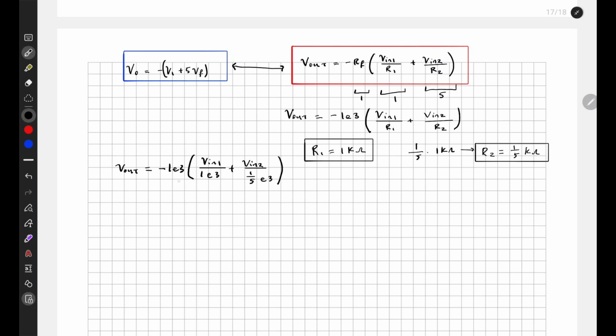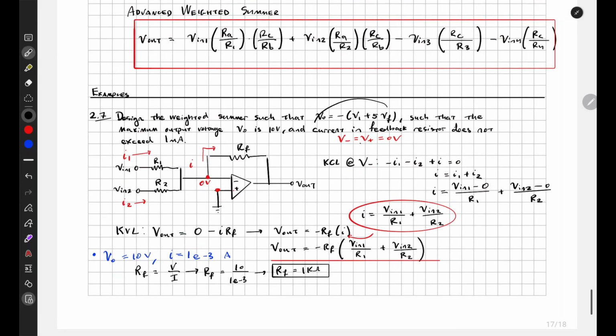Okay, so simplify, the kilo ohms cancel, so it's just negative V in 1 plus, the kilo ohms cancel, but then it's a divide by 1/5. So you do double divide, 1 over 1/5 is equal to 5. Okay, so this is the result, and it is consistent with here. So we have solved this problem.